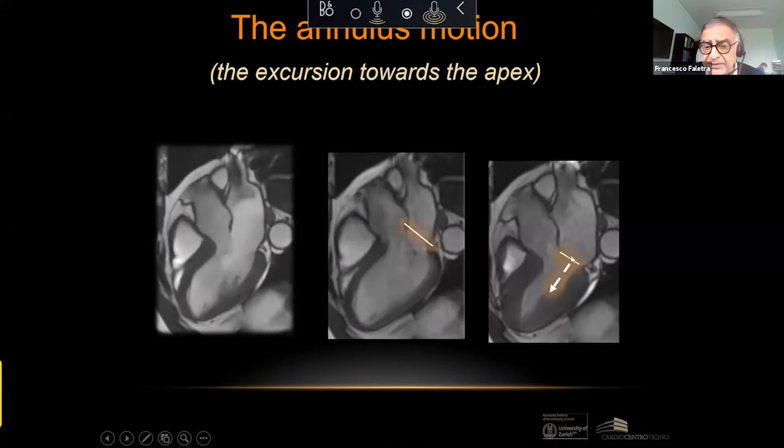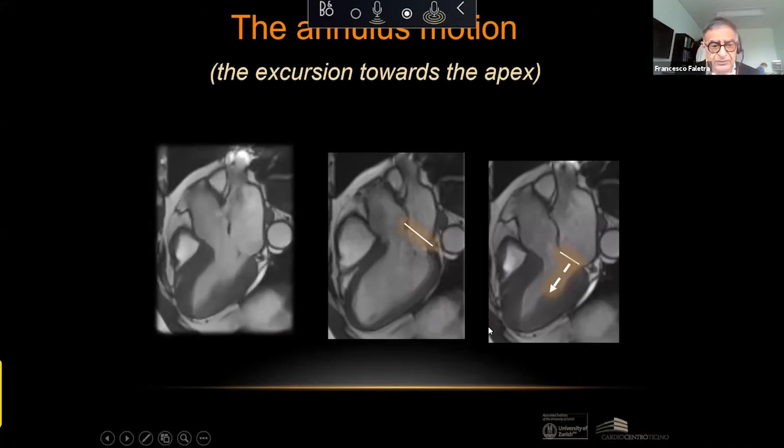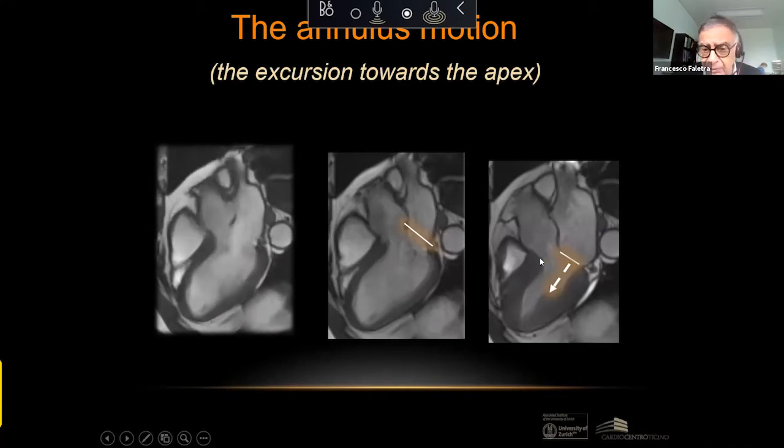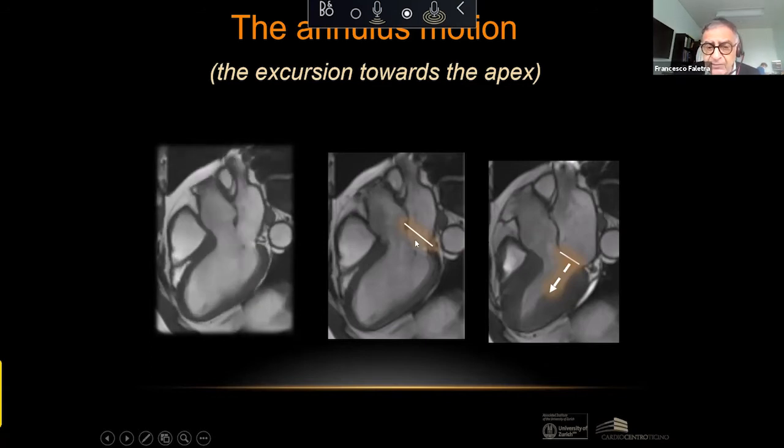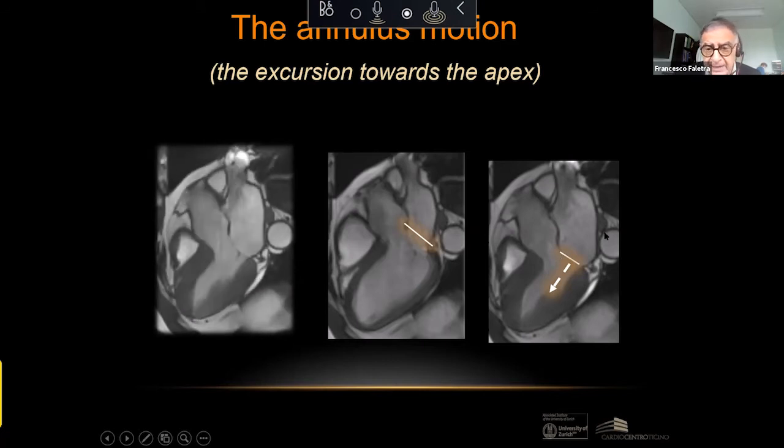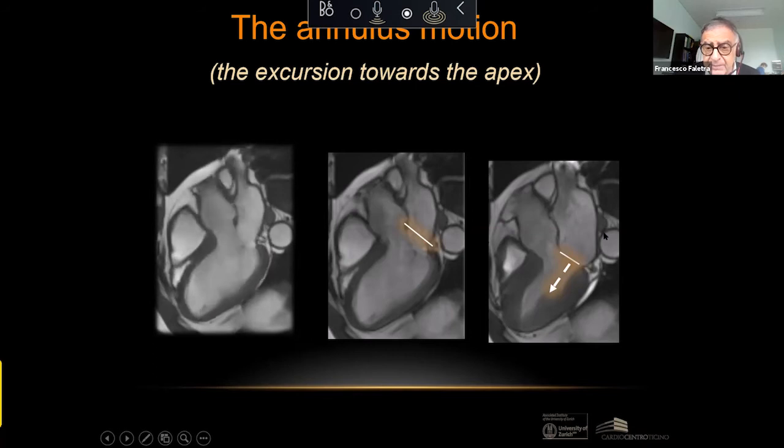When you don't have this translation, due to the shortening of the left ventricle, even though you preserve the radial shortening, the left atrial cavity does not enlarge and remains the same.